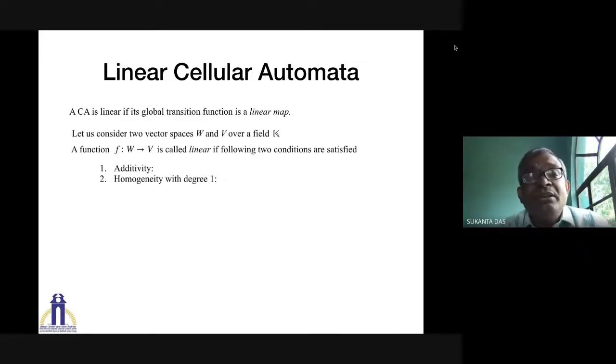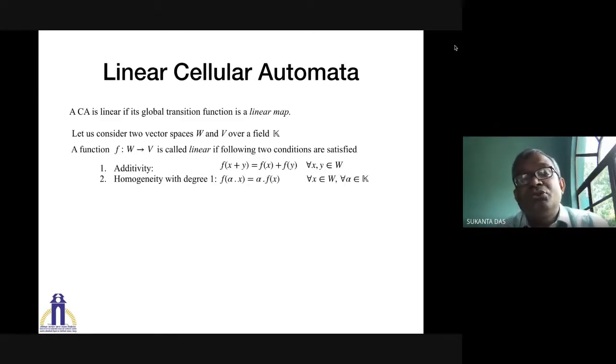Right? Now, what is the meaning of additivity? Additivity is very simple, obvious. f of x plus y equal to f of x plus f of y for all x, y. If this condition is satisfied, then f is additive. And what is homogeneity of degree 1?